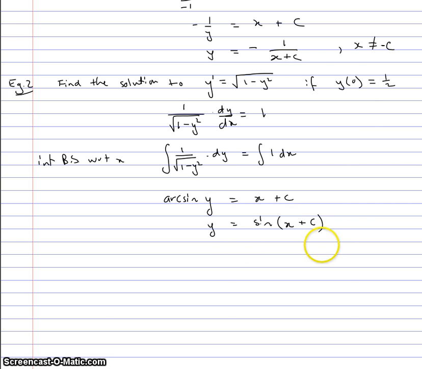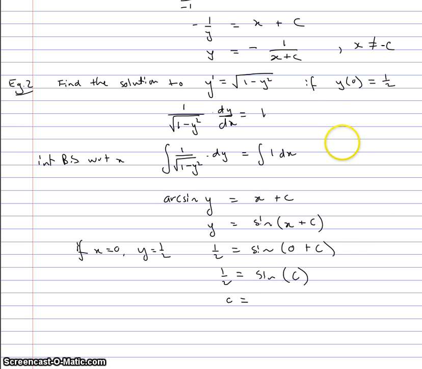Now that's our solution, except that we've got this extra bit of information. If x equals 0, y equals 1/2. So 1/2 equals sine of 0 plus c, or obviously we can get rid of the 0, so 1/2 is sine of c. So for our solution for c, we can just go with the first quadrant solution.